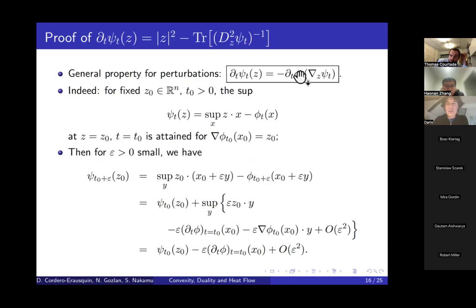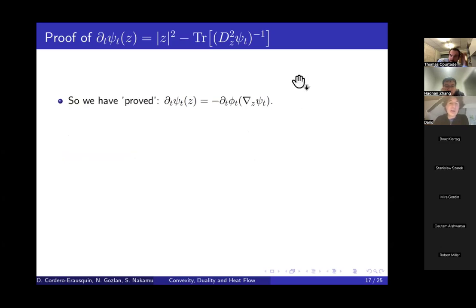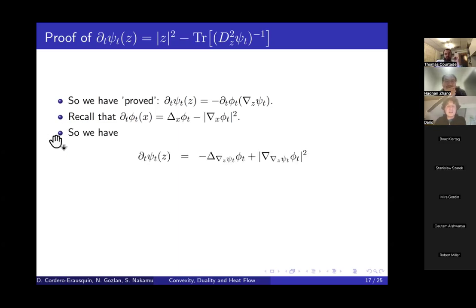When you have this, it's actually pretty straightforward, because you have an equation for the evolution of phi t, which I recall here. You just plug this into the equation.